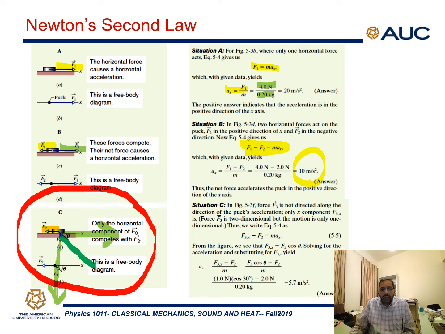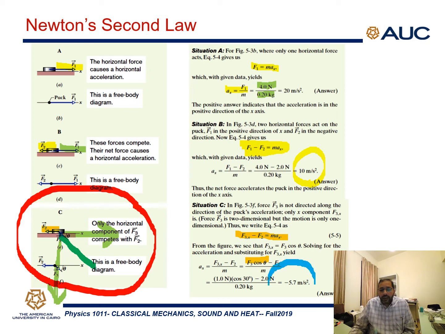If we need to get the acceleration, again, the acceleration is F net divided by the mass. F net here is F3 cosine the angle theta, which is F3 cosine 30, minus F2. Why minus? Because F2 is directed to the left. Divided by the mass, which is given as 0.2, we get the acceleration.